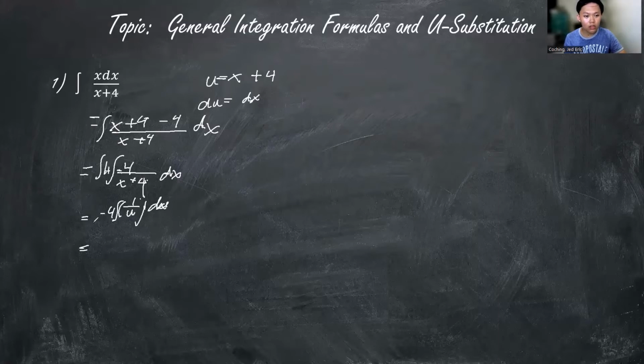So it's equal to x minus 4, as we already took out the 4. So 1 divided by u is ln u, and ln u is x plus 4.